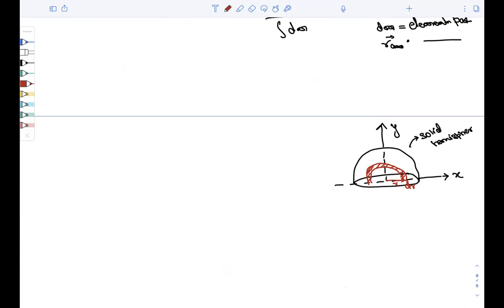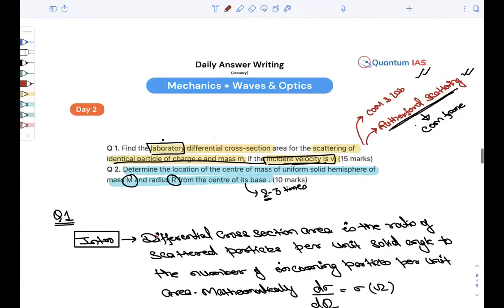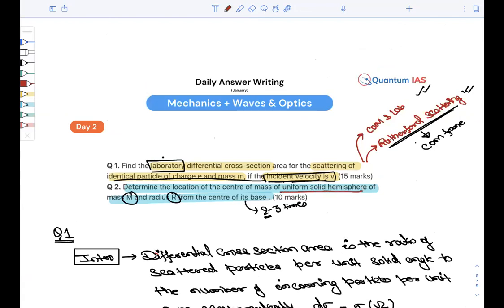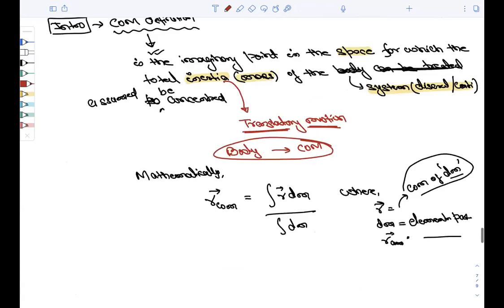So what will be dm? So dm is equal to rho into dv. ऊपर देखो यूनिफॉर्म लिखा है, uniform solid hemisphere, राइट? सो ये लिख लेना. Again, these small things we have to write, right?